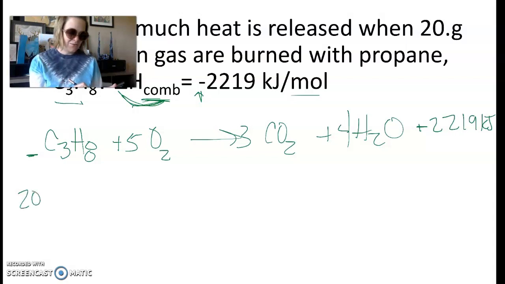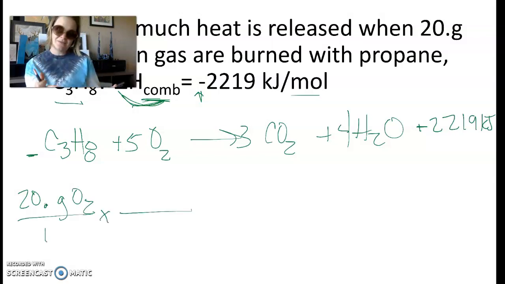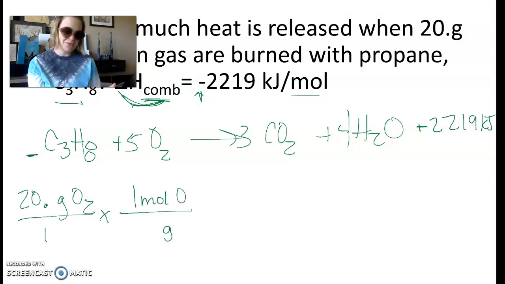I've got 20 grams of oxygen gas. I think I just added a sig fig in there. There's my 20. grams of O2, and I'm putting that over 1. We always need to take grams and, in order to use our new molar ratio, turn it into moles. So I'm going to write 1 mole of O2, and I would find that number on the periodic table.